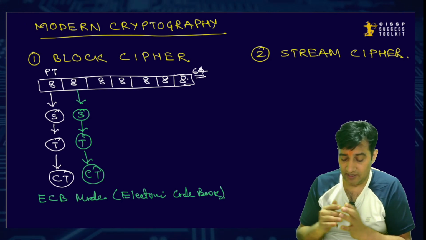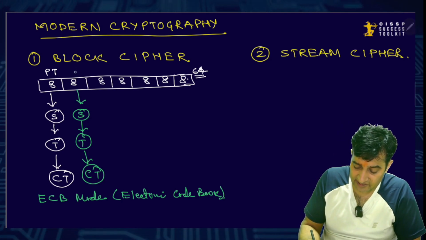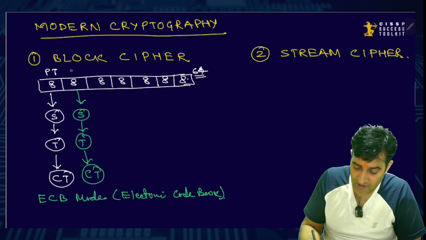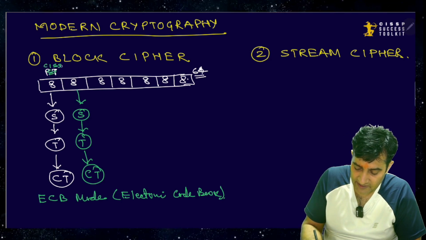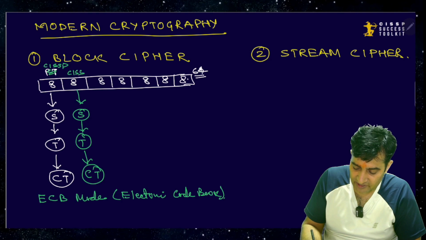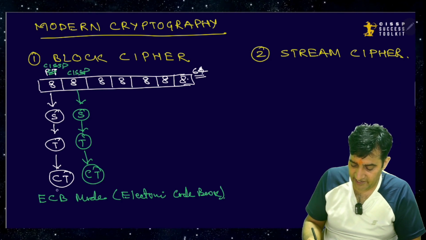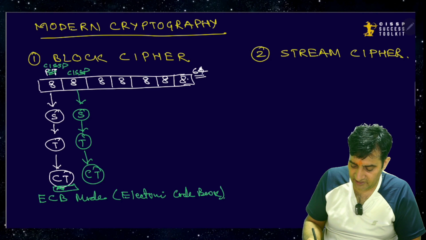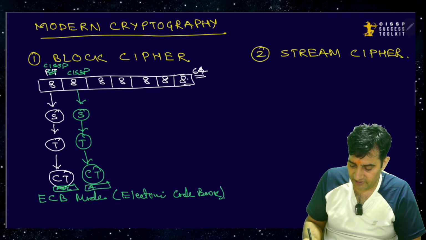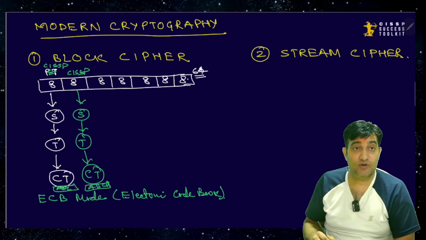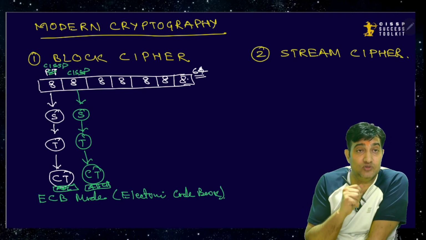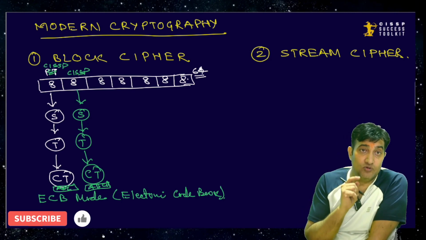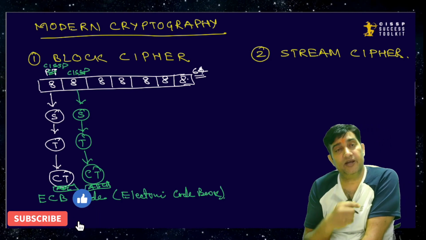The problem with this is that if a particular character is repeated, like every time the particular 8 characters, let's say this is CISSP and here also this is CISSP, it will always give me the same outcome here, A B C D E. Here also it will give me A B C D E. That's the problem. So this kind of ECB mode is only used for very small messages if your security requirement is not very high.